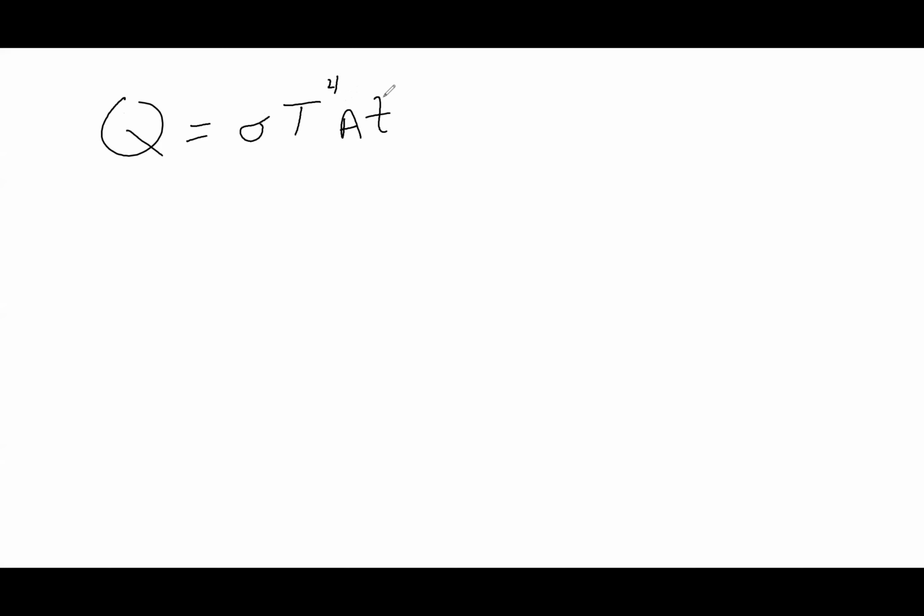That's the equation. Now, this equation is only for what we call a perfect emitter, and it only holds true for a perfect emitter. Since most things are not perfect emitters, let me show you what we have to put here. Let me just show you real quickly.